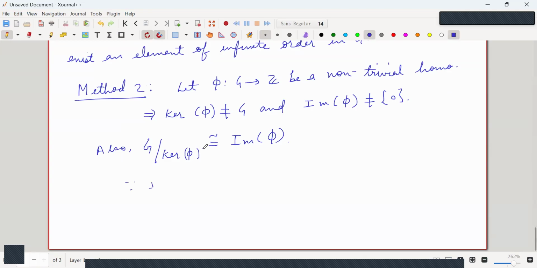And since image of phi is non-trivial, and we also know that in every case this image is a subgroup of Z, it's a non-trivial subgroup of Z. Image of phi is also a subgroup of Z, right?